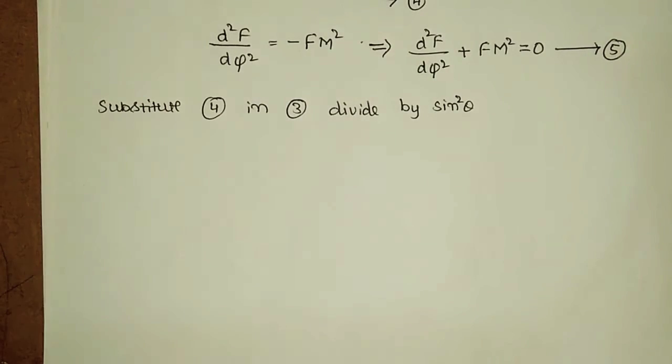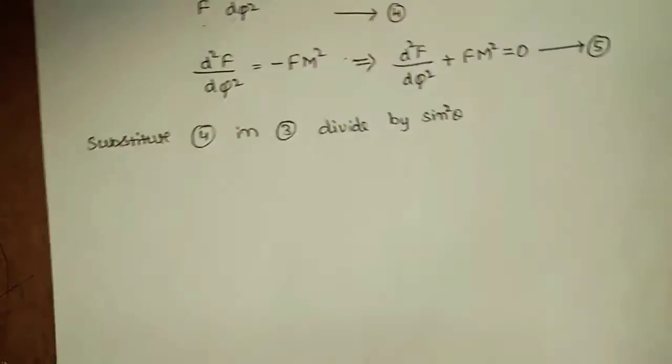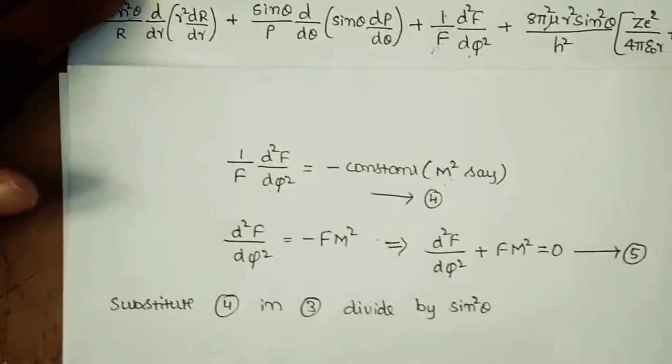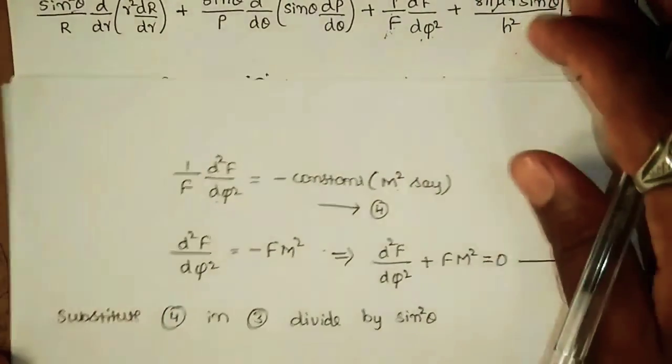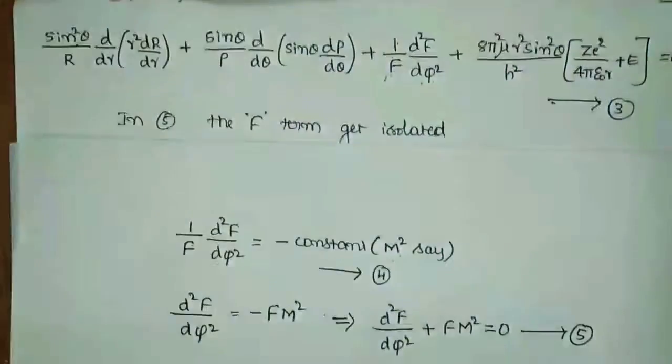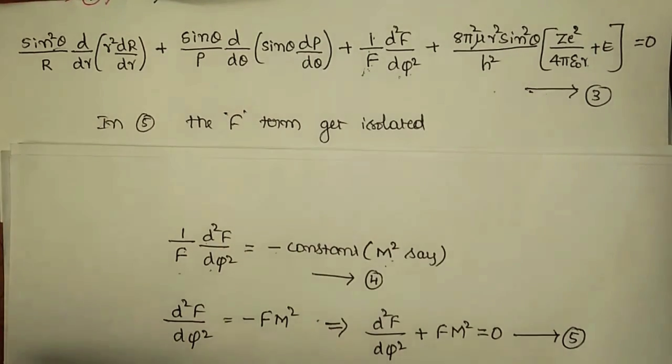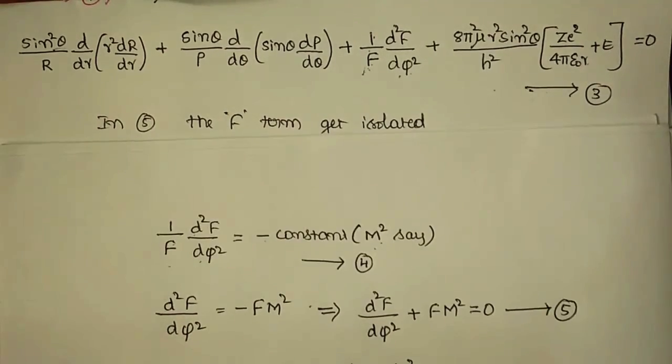Now we shall consider the equation we have got for equation 3. So here this is the equation we got, equation number 3, and that needs to be modified, and that we shall do now.